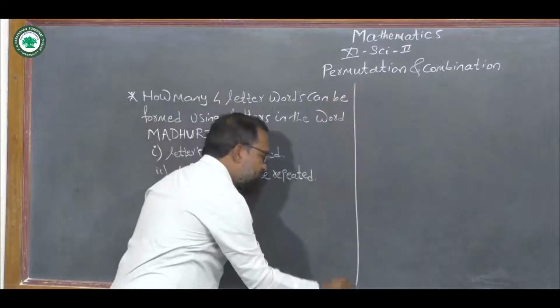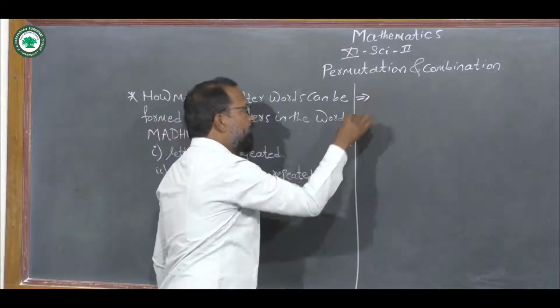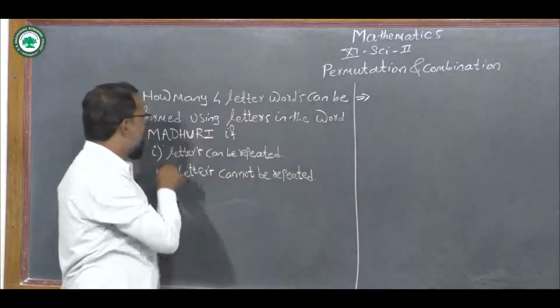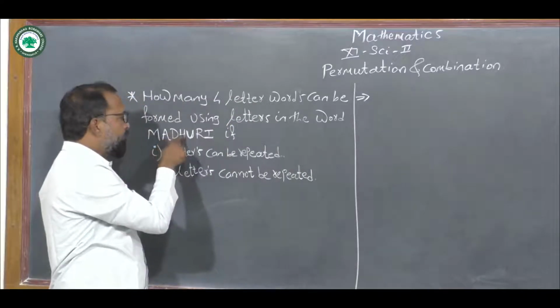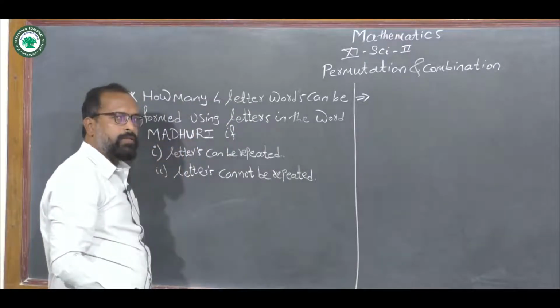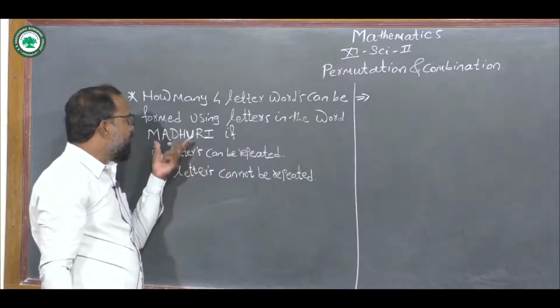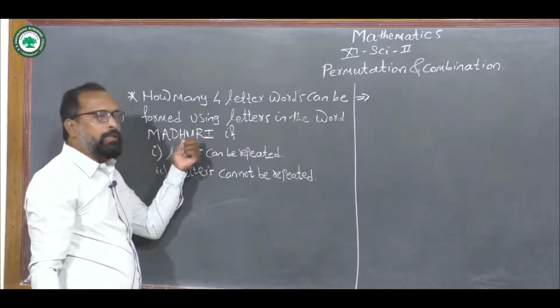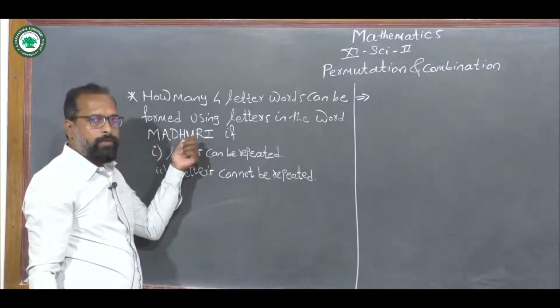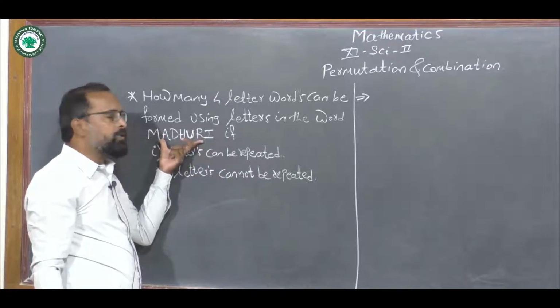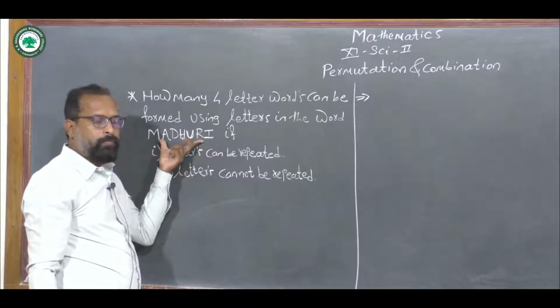Now see here, in the word Madhuri there are 7 letters: 1, 2, 3, 4, 5, 6, 7 letters. And observe here, there is no letter that repeats. That is, all the letters are different.